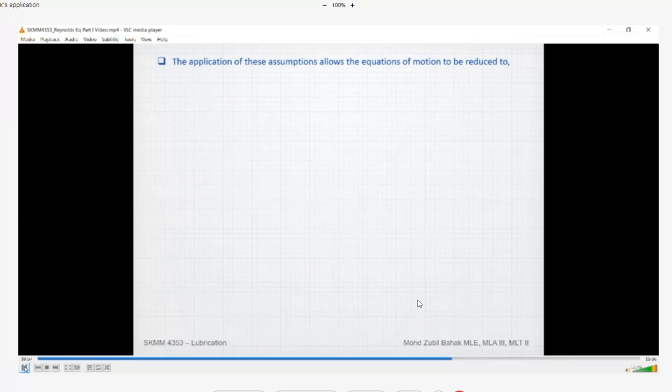The application of the assumptions allows the equation of motion to be reduced to partial p over partial x equal to mu times partial squared u over partial z squared, and similarly in terms of y.